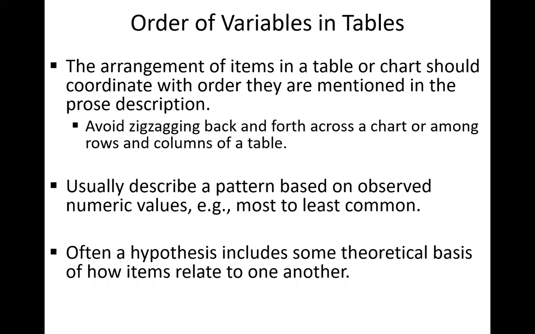So how do you order the variables in a table? As we said, when you put variables in a table, if you have some that fall under one particular concept, you put them together.